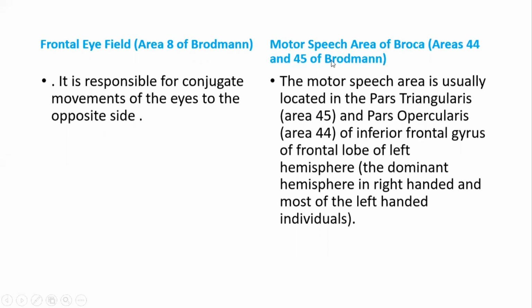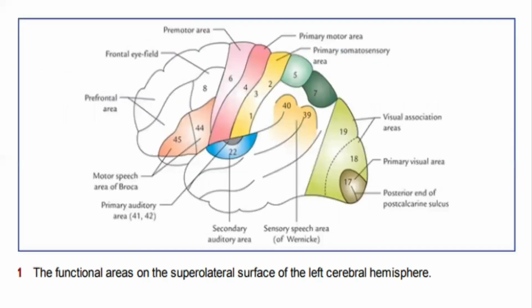And the Broca's area, Broca's motor speech area. This one is the motor speech area, and it's located, as we just said, in the pars triangularis and pars opercularis, areas 44 and 45, of the inferior frontal gyrus of the frontal lobe, which we just discussed, and we can go through it again, this part over here.